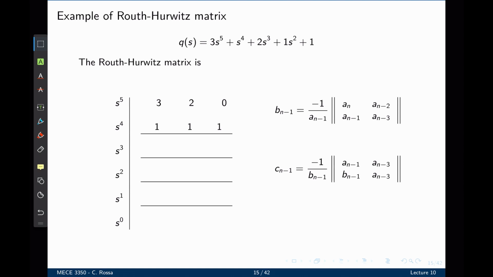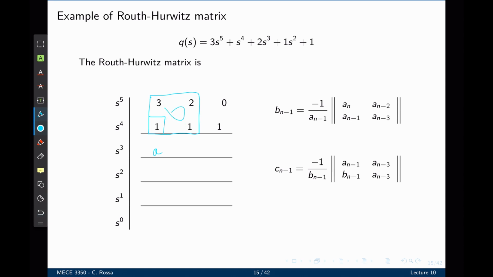Now let's complete the remainder of this array. Starting with this value, a. For that value, we'll take these 4 cells and divide that by -1. The determinant here is 3 times 1 minus 2 times 1 divided by -1.